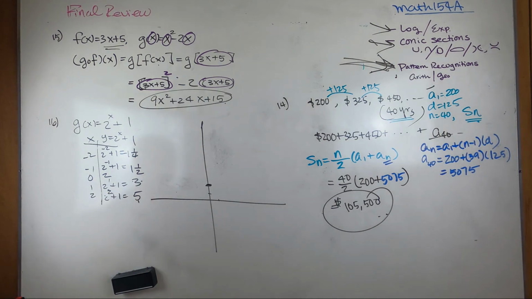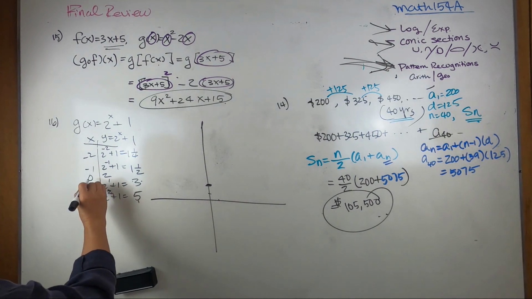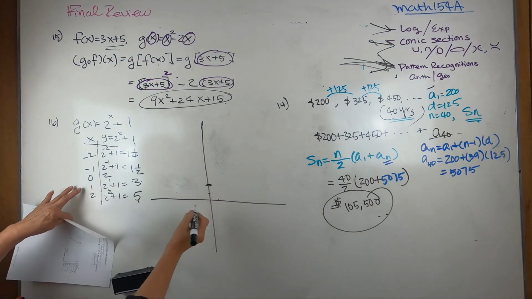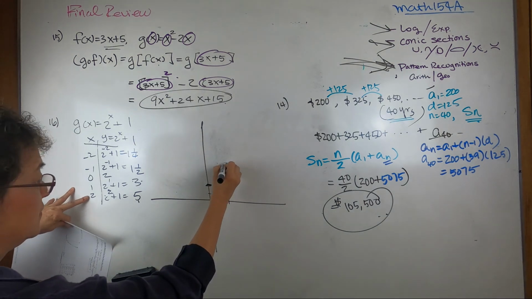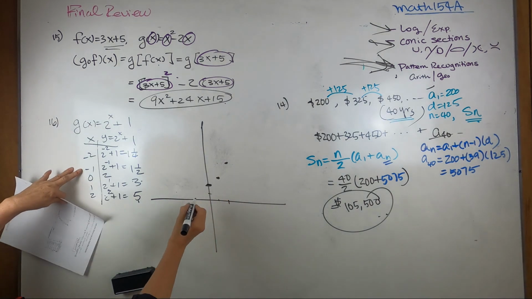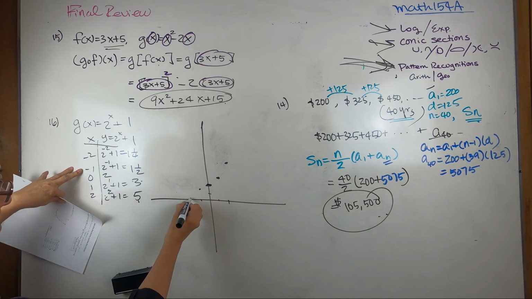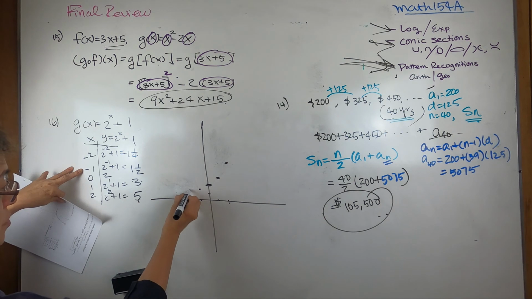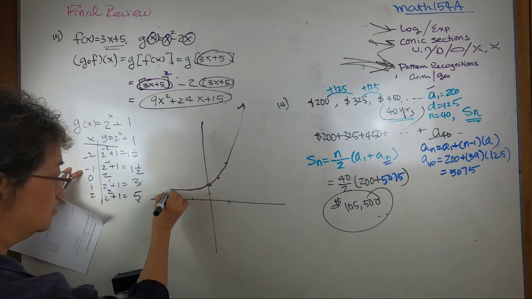I was jumping to 2 and 3. So that would be what? 0 is 2, 1 would be 3, 2 would be 5, and -1 would be what? 1 and 1/2, -2 would be 1 and 1/4. Remember this?